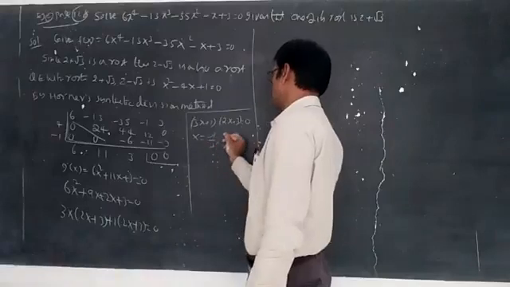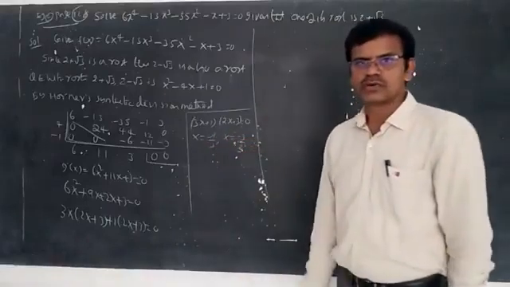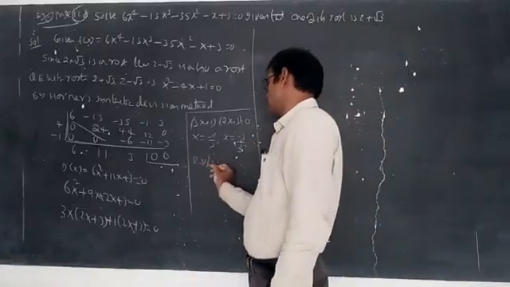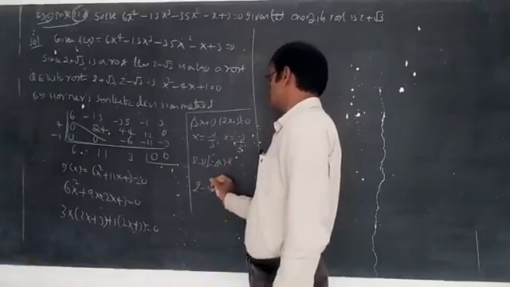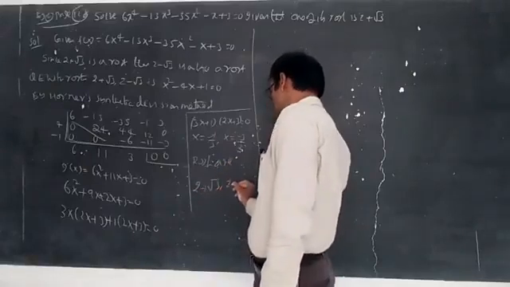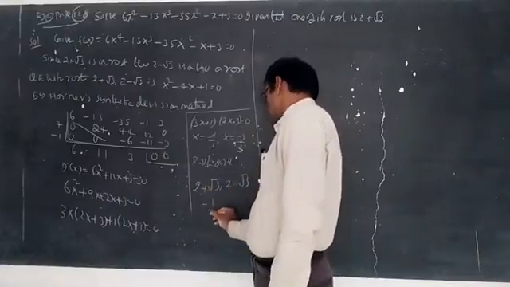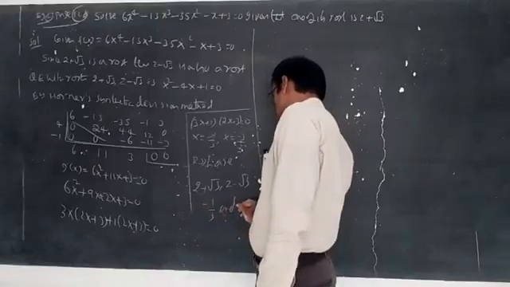Therefore x is equal to minus 1 by 3, x is equal to minus 3 by 2. Two more roots we got. Therefore the conclusion: the roots are 2 minus root 3, 2 plus root 3, minus 1 by 3 and minus 3 by 2.